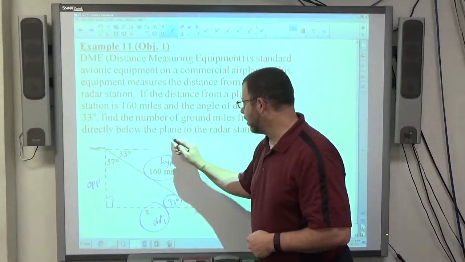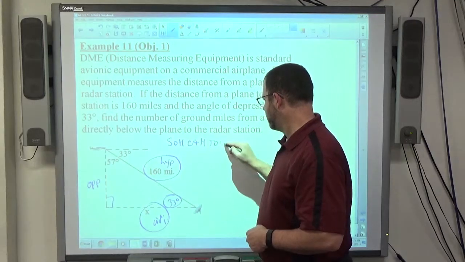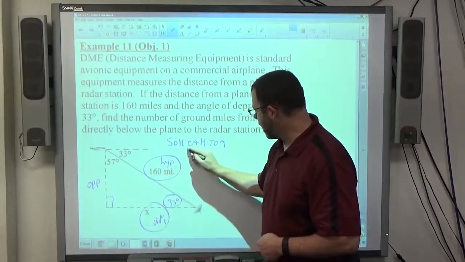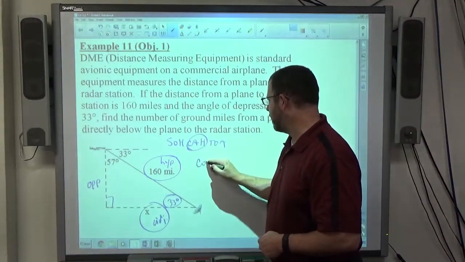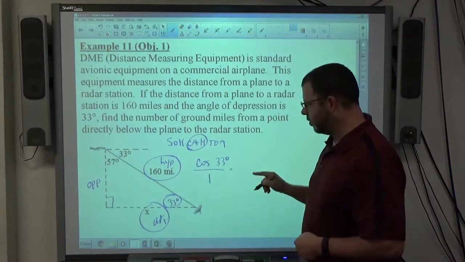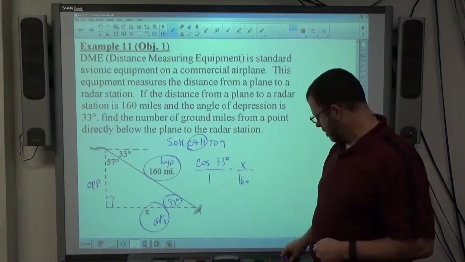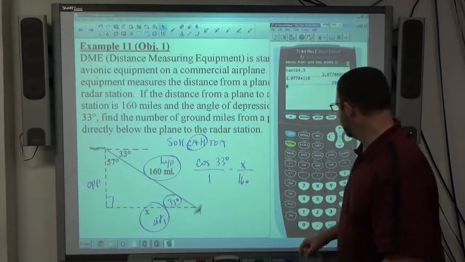But again, going back to SOHCAHTOA, adjacent over hypotenuse is cosine, so cosine of the angle is equal to the adjacent over the hypotenuse. Once again, our calculator knows what we need to know.